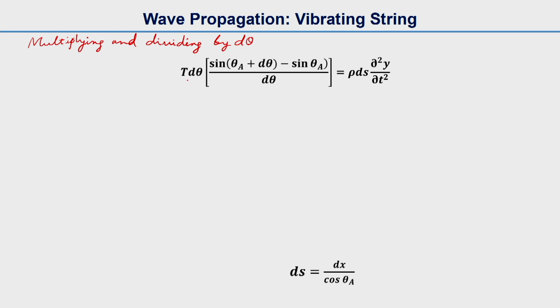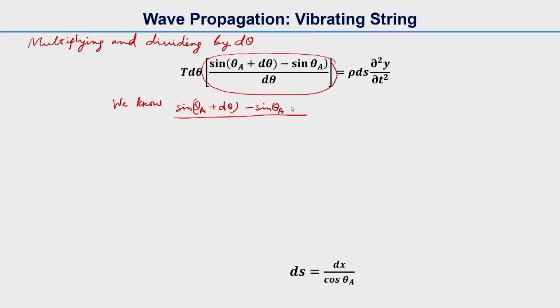So we got this, but we know that this expression sin theta a d theta minus sin theta d theta is a kind of differential of sin theta a, the expression on the top.